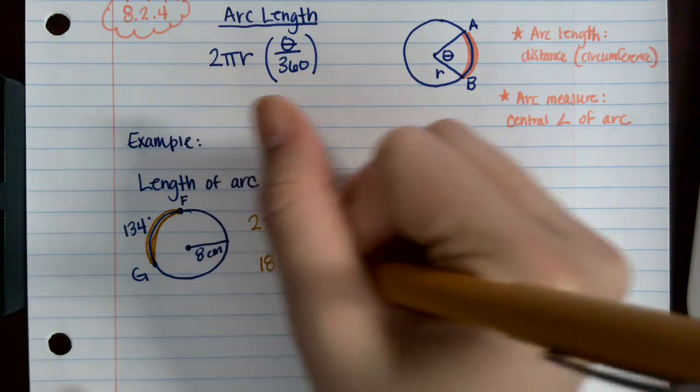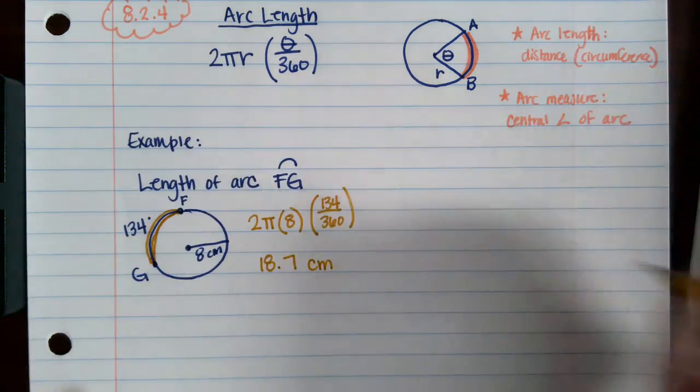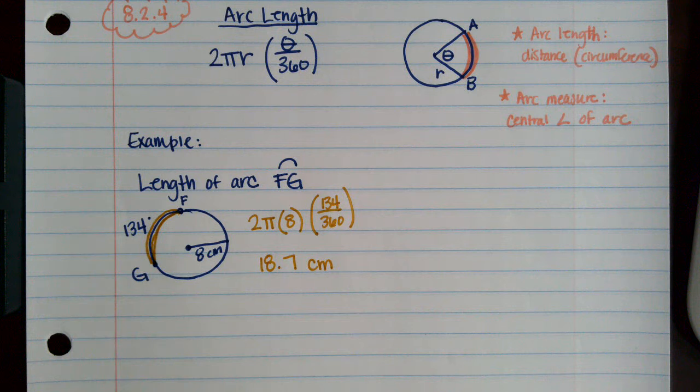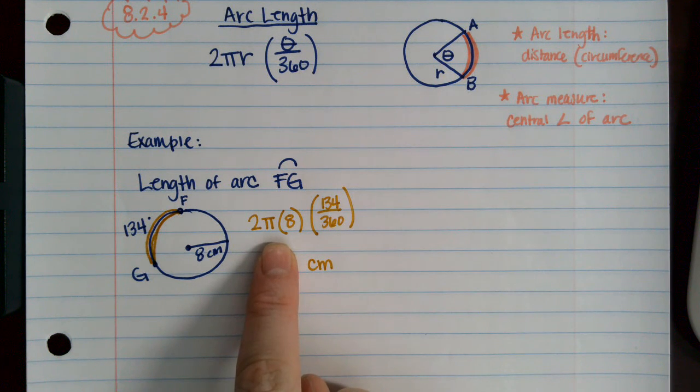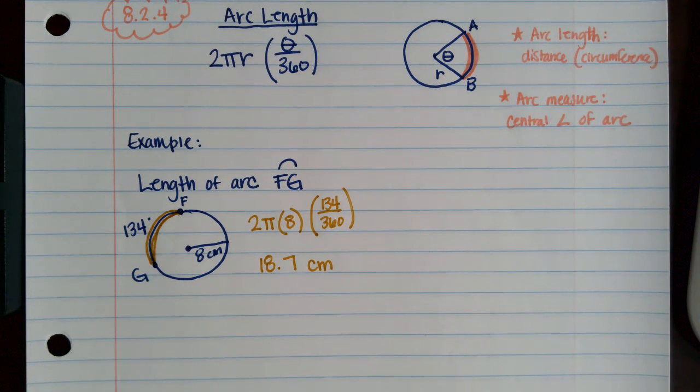This is not area, so it should not be squared. It's just 18.7 centimeters. So for both sector area and arc length, you're finding the portion of the circle area and the portion of the circumference. So you find the entire circumference or the entire area and multiply by the angle over 360.